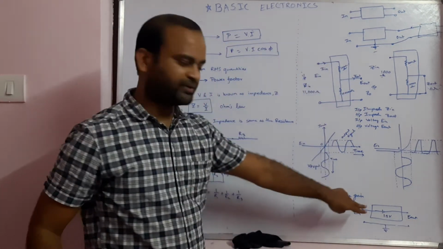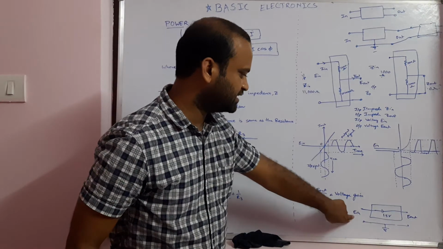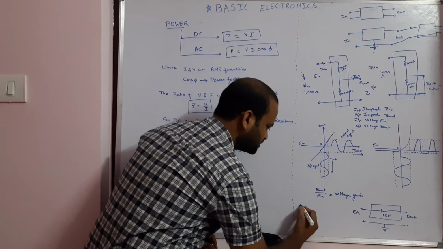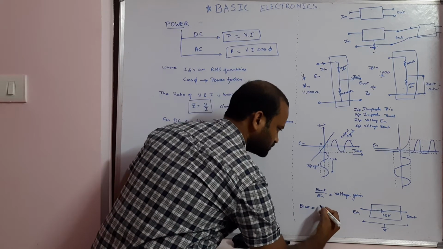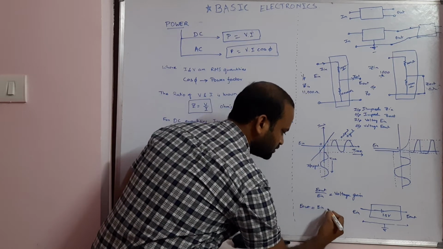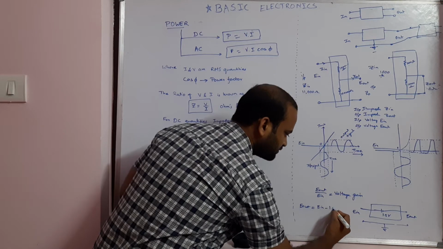So if you are putting a 1.5 volt source in the path between E in and E out, our E out is equal to E in minus 1.5 volts.